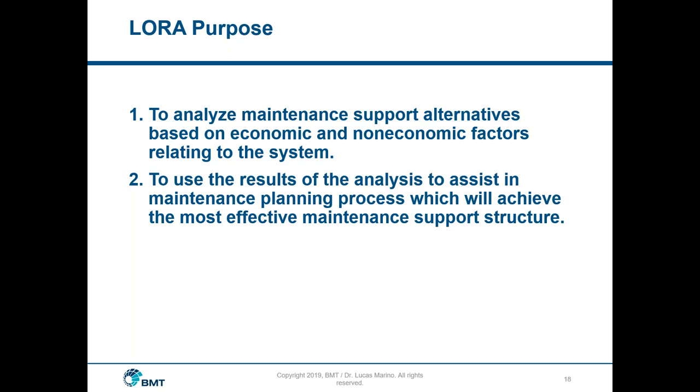Then I'm going to use the results of this analysis to help me develop maintenance plans and an effective structure, because I may have to alter my own organization structure to meet the needs of this new asset that we're purchasing. I think a lot of people assume they're going to make the asset fit their organization, but that would be very presumptive. You want to make sure you are aware that you may have to adapt to the asset. So you may need to request new resources. You may need to procure new resources.